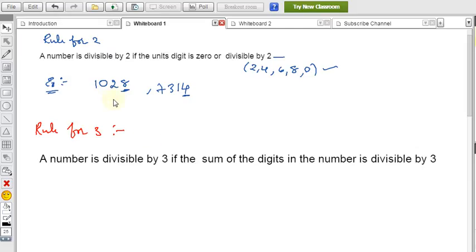So in this rule for 3, we have to do the sum of the digits.